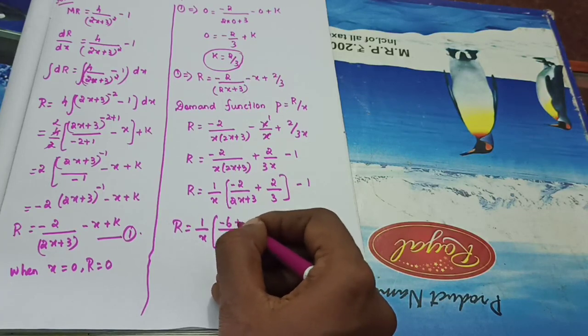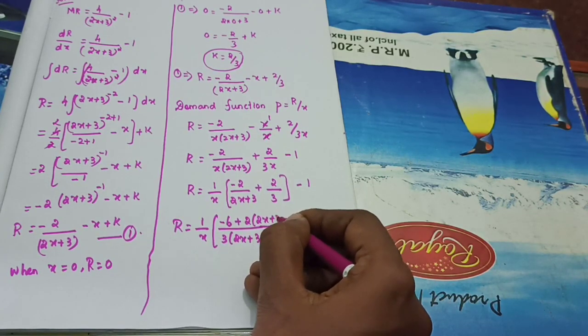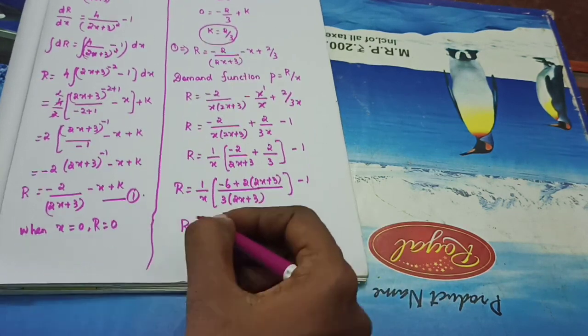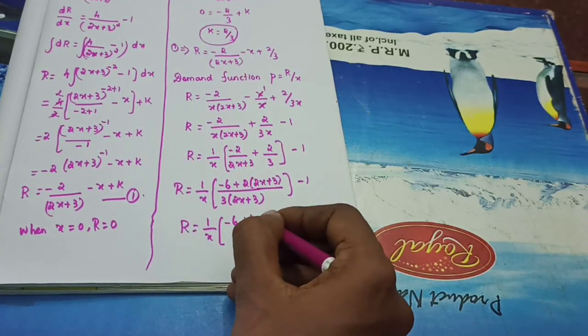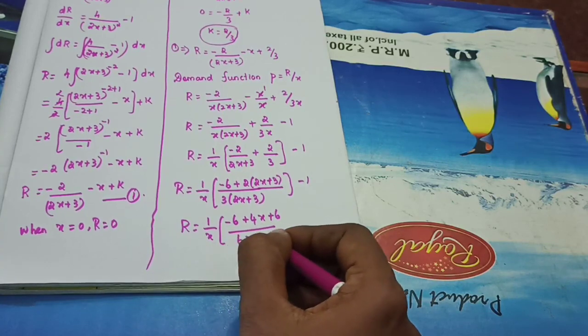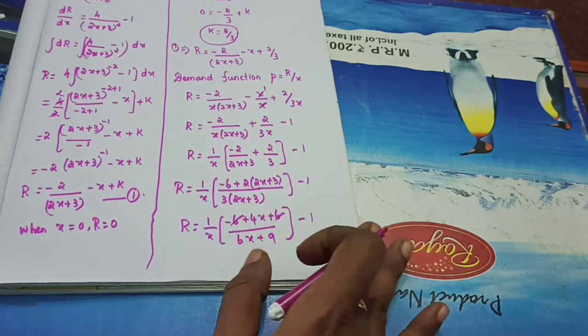Cross multiply: minus 6 plus 2 into 2x plus 3 minus 1. That is r is equal to 1 by x into minus 6 plus 4x plus 6 divided by 6x plus 9 minus 1. So this will get cancelled.